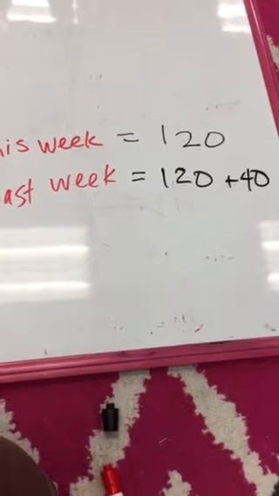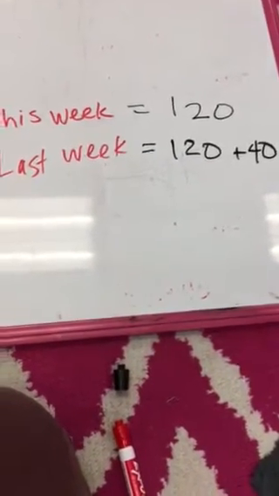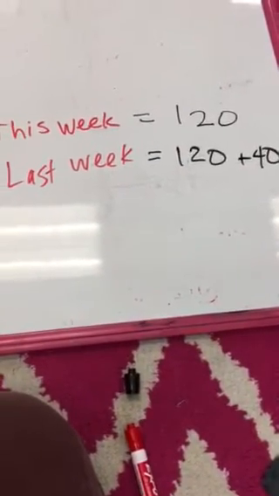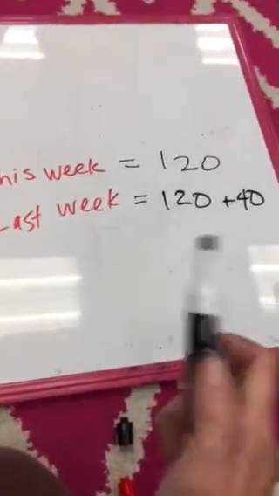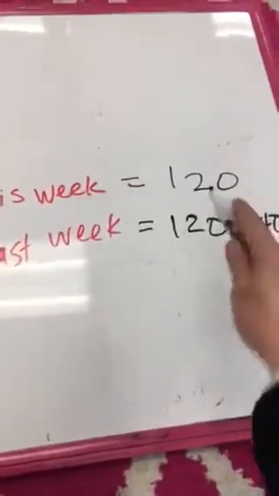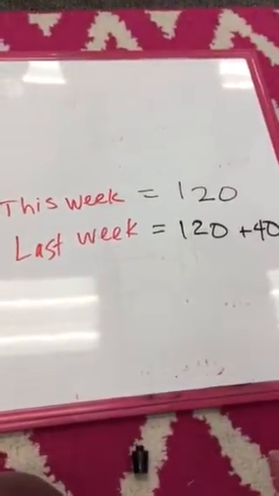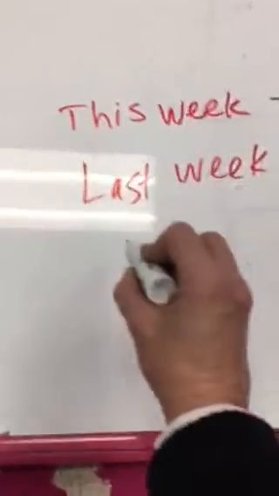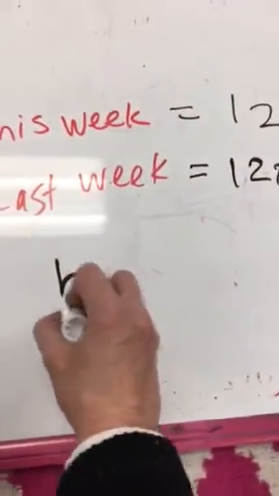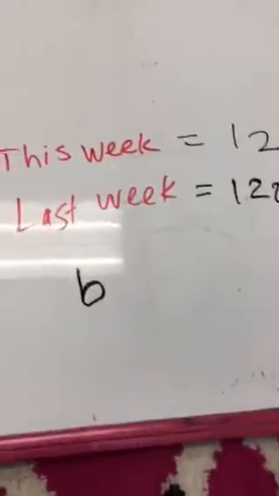Now to write how many he read in all, if we want to write this algebraically, we try to be as efficient as possible. So I could substitute that 120 for a variable if I wanted. Maybe I should do P for pages. How about that?